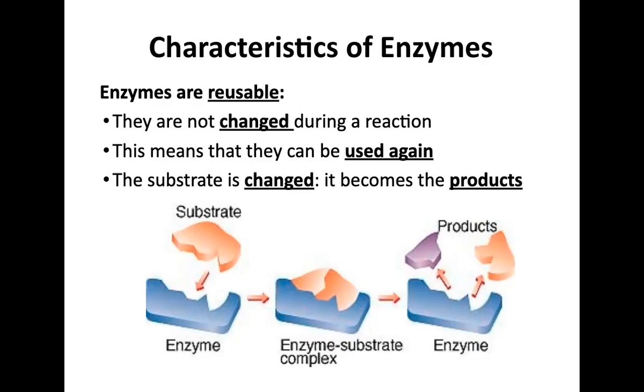So you put all those ingredients in a bowl, mix them together, put them in the oven, and now you have a cake. Is that cake ever going to become those ingredients again? No. So that is the substrate going in and the product coming out. Whereas that bowl, or whatever you bake it in, is not changing. So that would be your enzyme. Does that make sense? Okay.